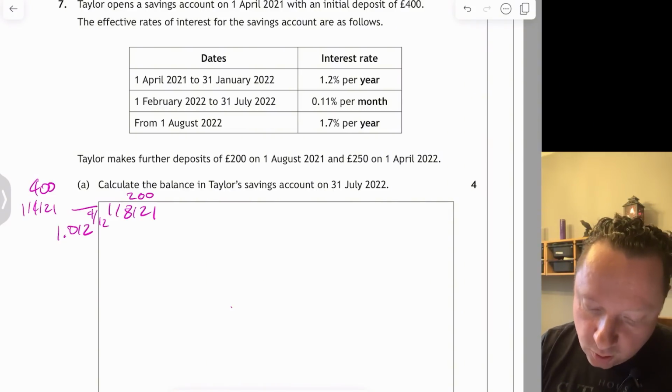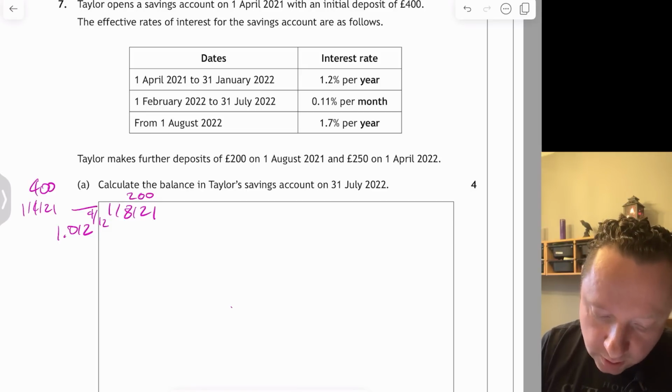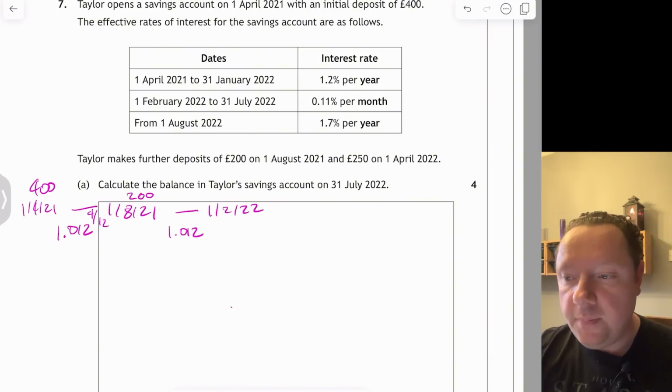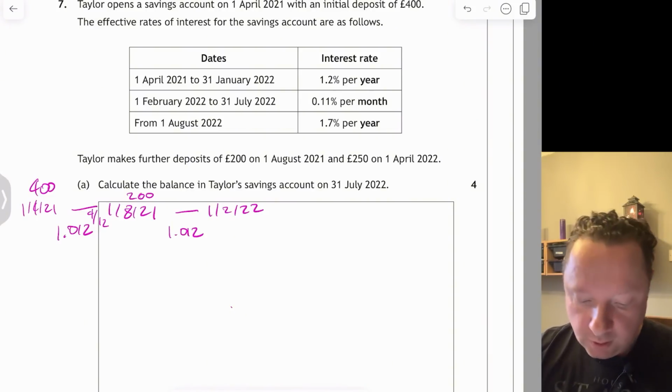And then she goes up to April 2022, but the interest rate changes. So I need to go to the 1st of February 2022. And the interest rate between there is still 1.012. August to February is 6 twelfths.